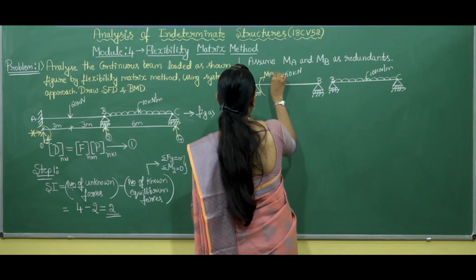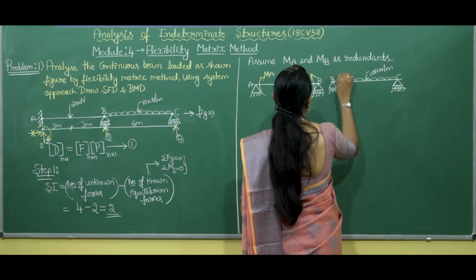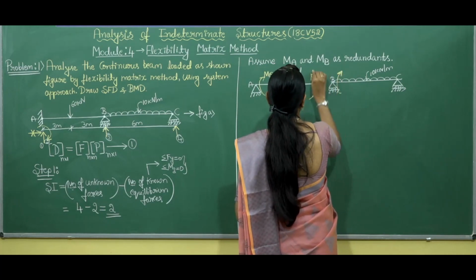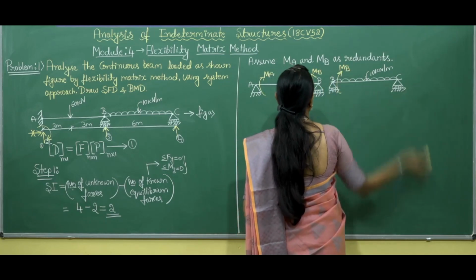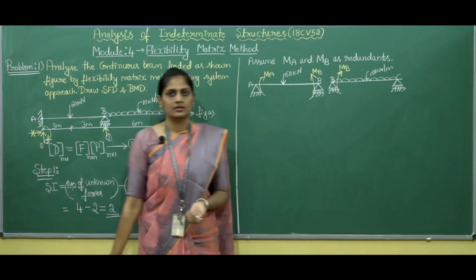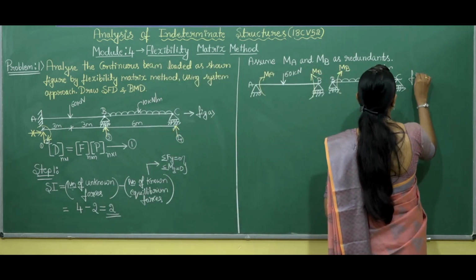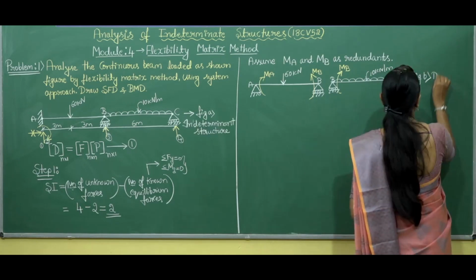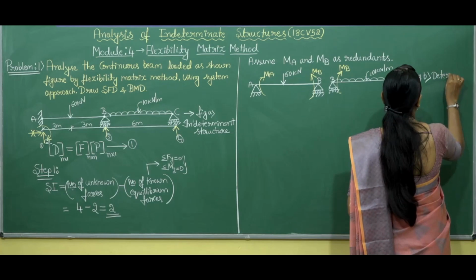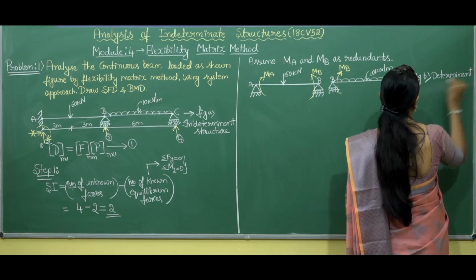This is MA and here we can have MB. Let us call this figure B, the determinate structure.